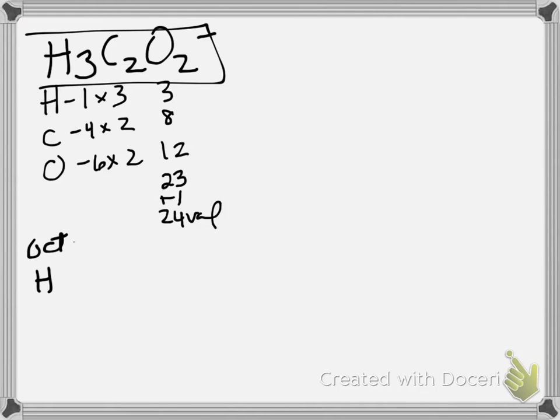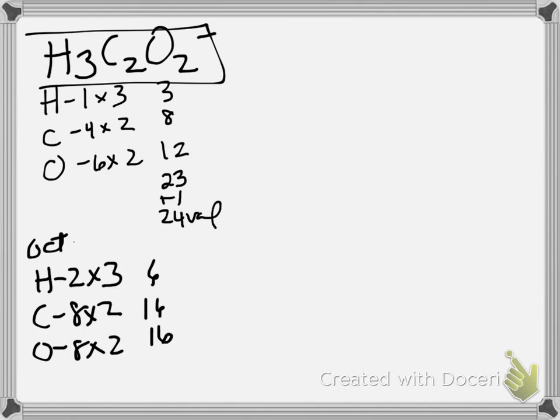For octet, H only wants 2, carbon wants 8, oxygen wants 8, so 6, 16, 16, 32, 38. So 38 minus 24, we have 14, so we have 7 bonds.